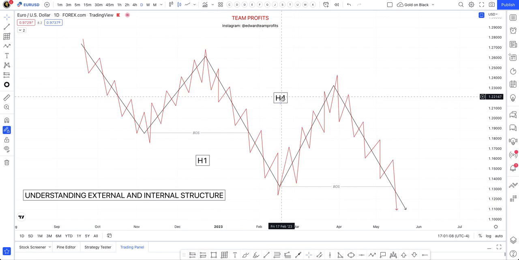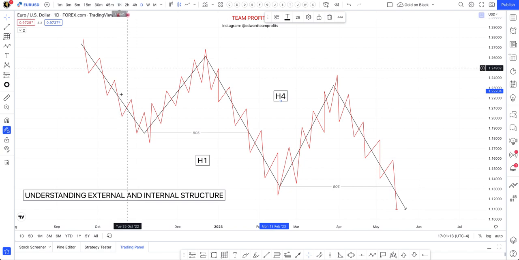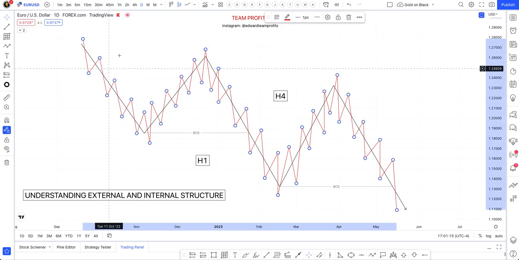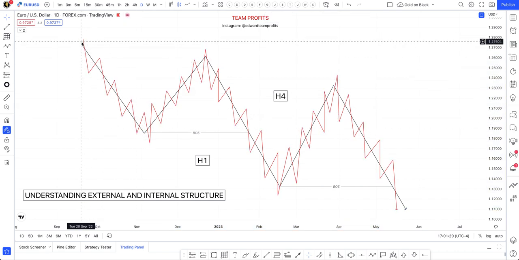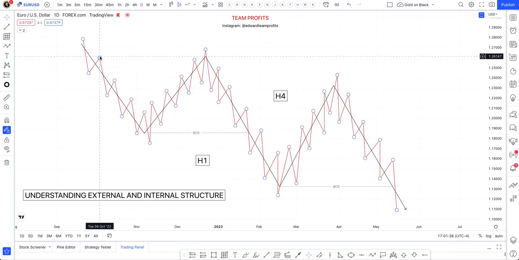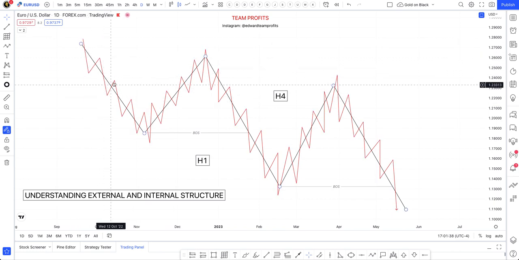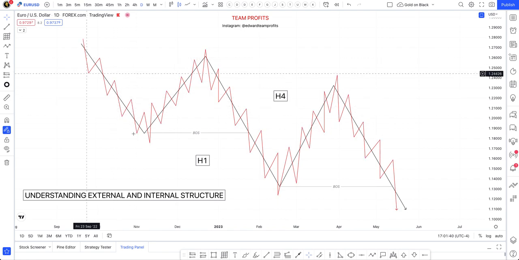So we go from the H4, we zoomed in, and we are now on a 1 hour. On the 1 hour, you're having an internal structure in this big move, the first H4 impulse. We got this huge impulse right here, and on a smaller time frame we have a lot of structures. We clearly see where the market is creating lower lows, lower highs, lower lows, lower highs, lower lows. So this is our internal.